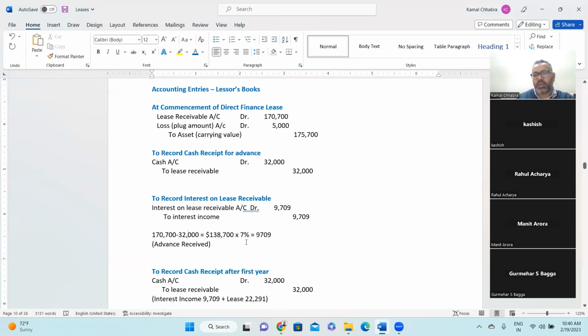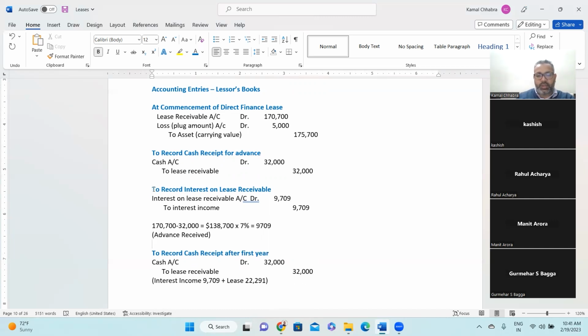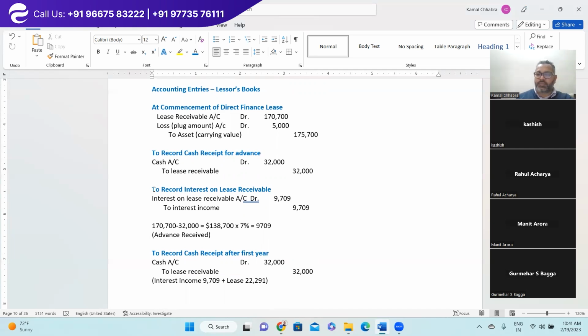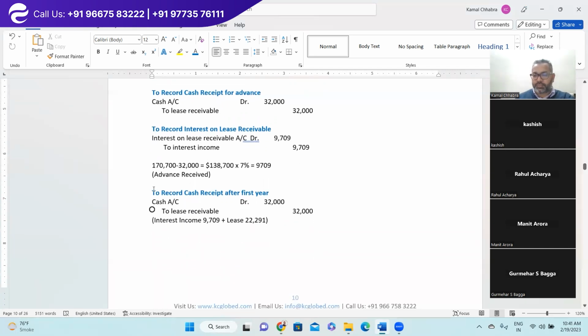And on the remaining 138,700, you'll be calculating the interest. And this is like after 1 year when you are making the entry, so then the collection would be less of interest. Make sense? Rahul, Kashish, Ayush? Yes, sir.